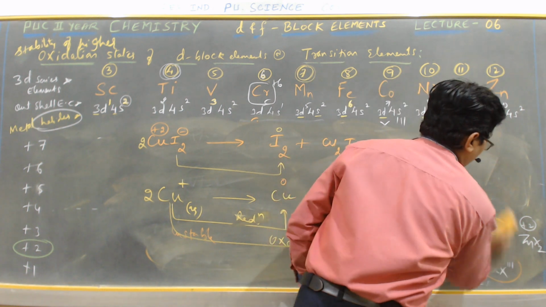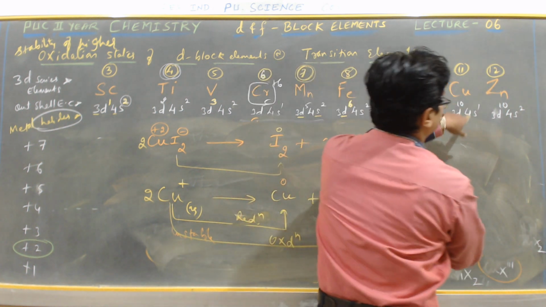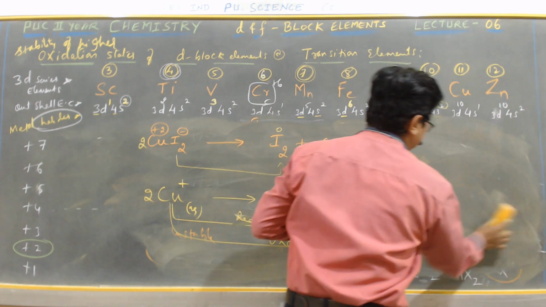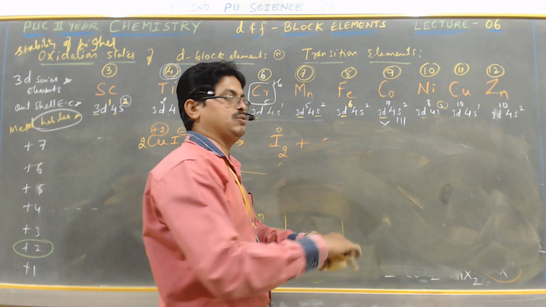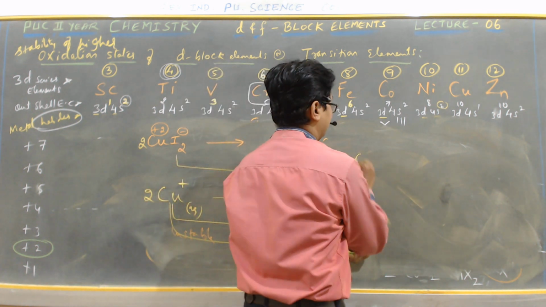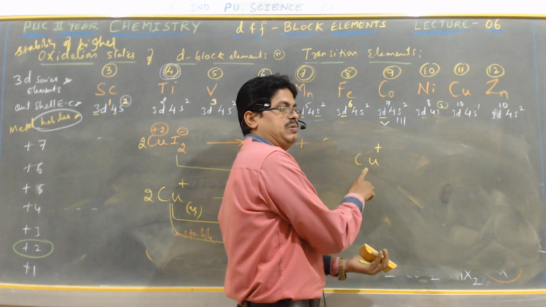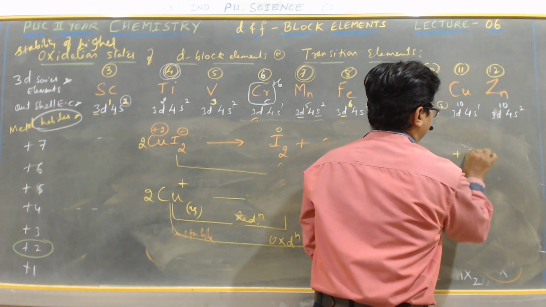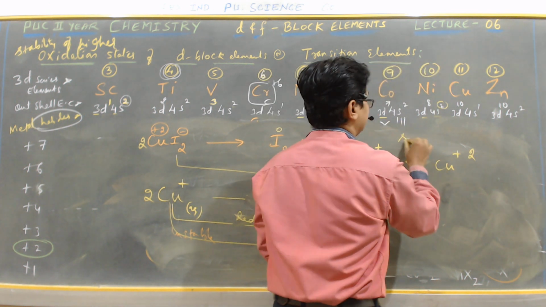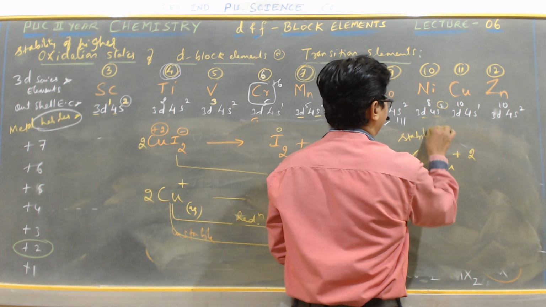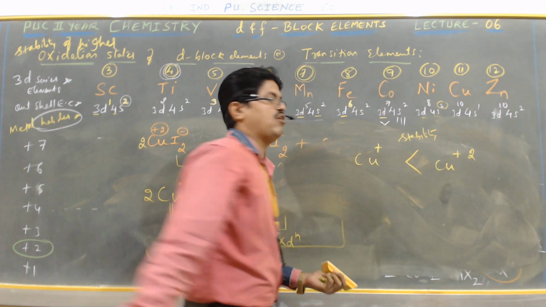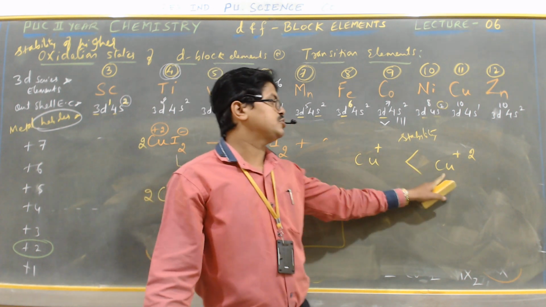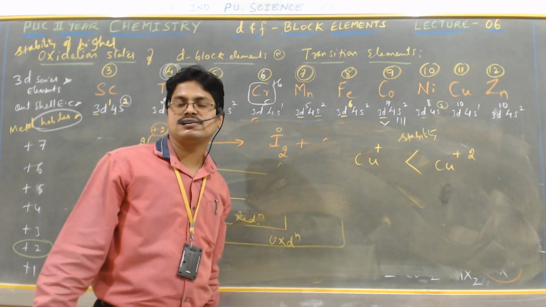Students, another point to be noted: just now I mentioned that copper is not stable in the +1 state, but is stable with respect to the +2 state. Why? Cu2+ is more stable than Cu+.